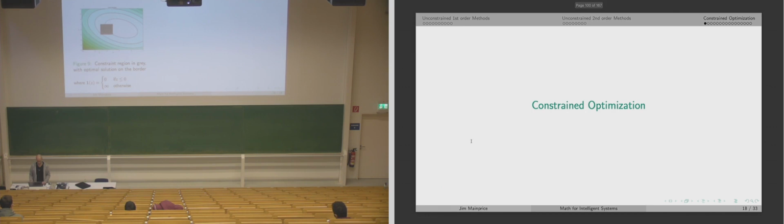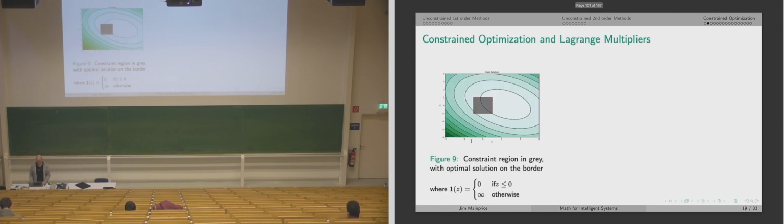Okay, I'm running out of time, so I want to talk about constrained optimization. The key idea of constrained optimization is that you want to have inequalities and equalities defined directly on the state variable.